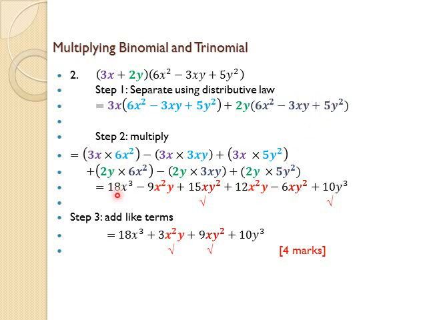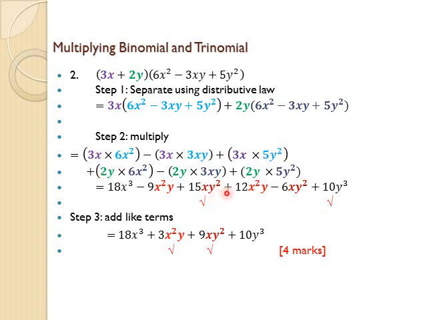So 3 times 6 gives me 18, x squared times x gives me x cubed. Negative stays negative, 3 times 3 gives me 9, x times x, x squared y. Positive stays positive, 3 times 5 gives me 15, xy squared.